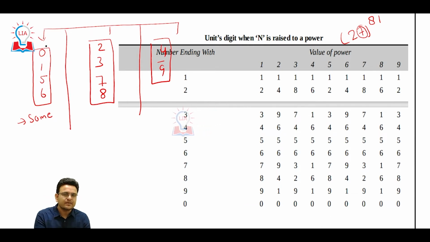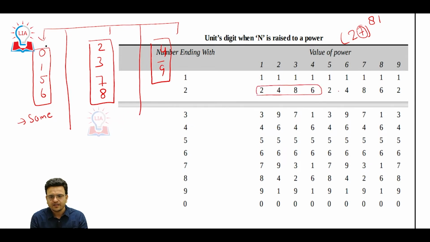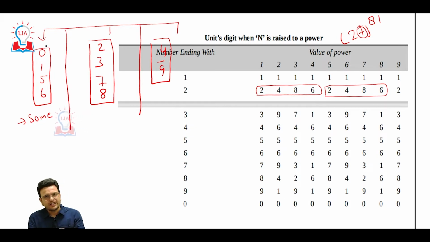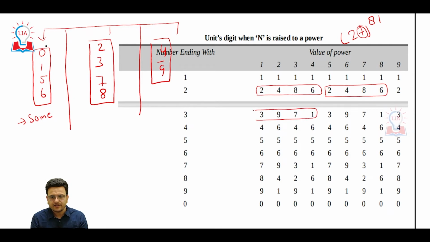Whenever we talk about 2 3 7 8, when we divide the power by 4, the unit digits repeat in multiples of 4, like 2 4 8 6, 2 4 8 6. I will explain again, just try to understand. When we divide the power by 4, digits are repeating: 3 9 7 1, 3 9 7 1.